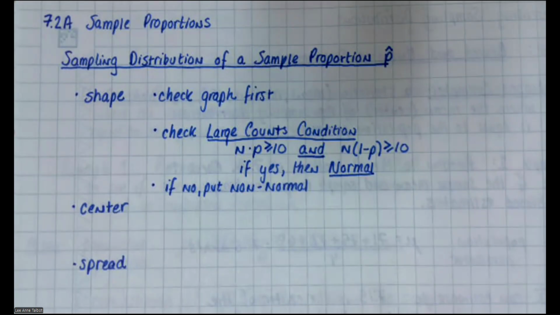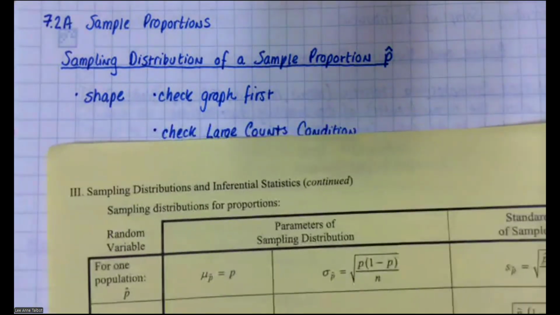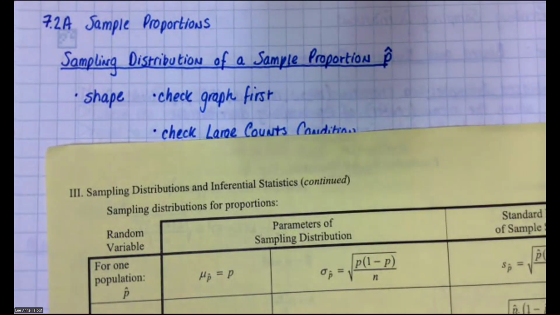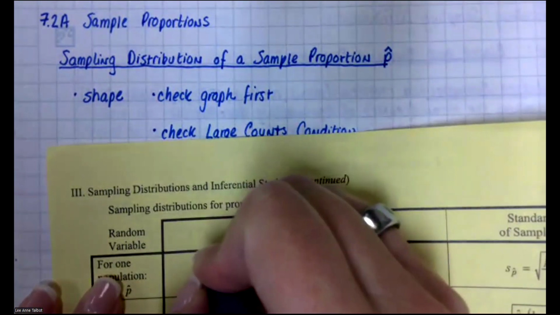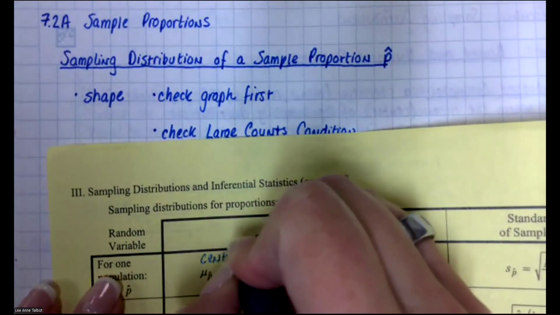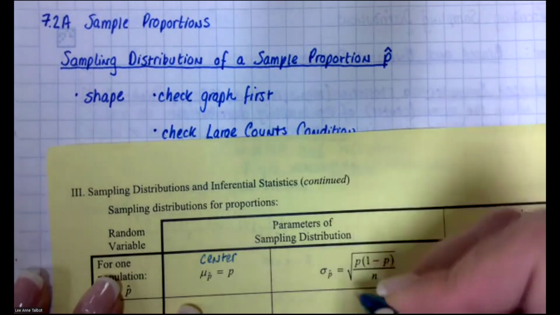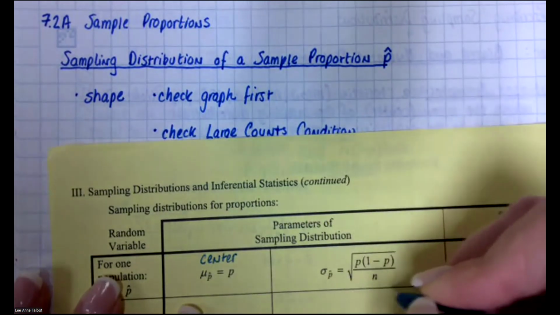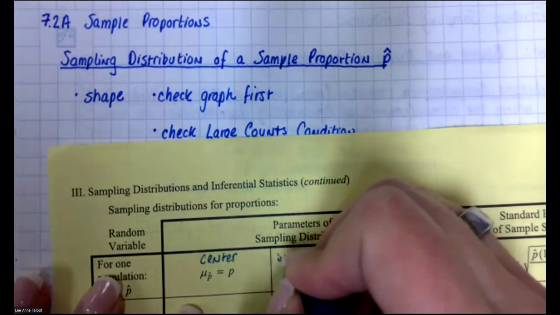Okay, center. This is where you need your yellow sheet. Where do I want to write this? Not enough room.